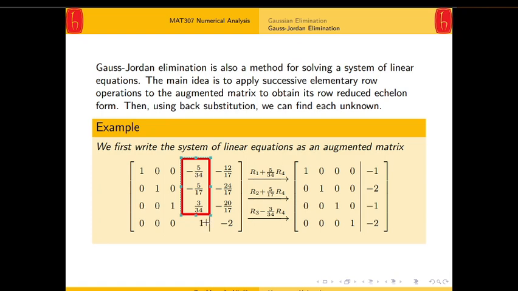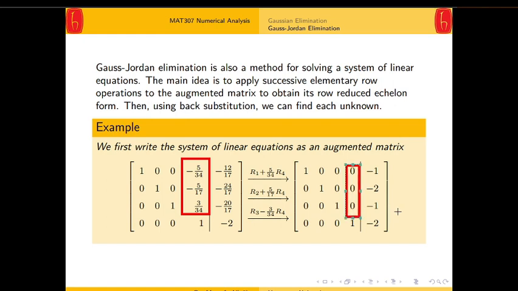To make them 0, we can multiply the fourth row by 5 over 34 and add the resulting vector to the first row, and also multiply the fourth row by 5 over 17 and then add the result to the second row, and lastly we multiply the fourth row by negative 3 over 34, and then subtract the result from the third row. Okay, when we do that, we will see this is 1 and zeros above.